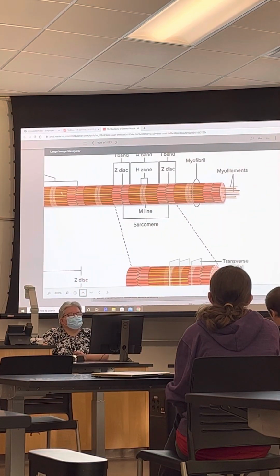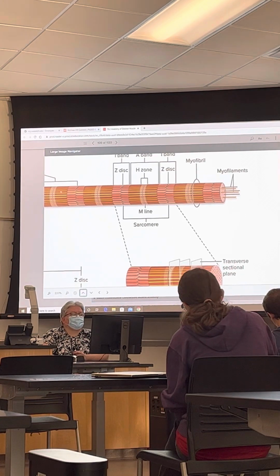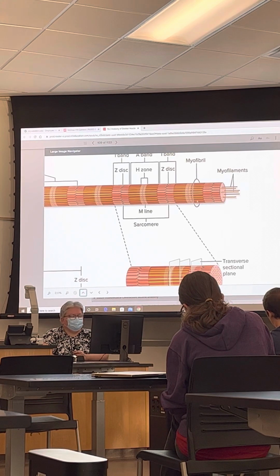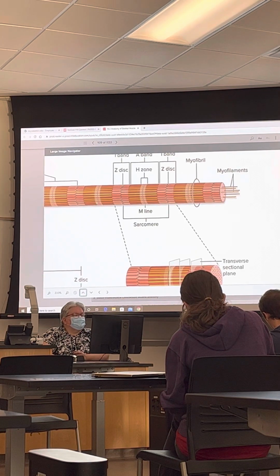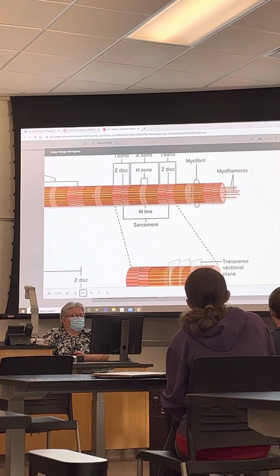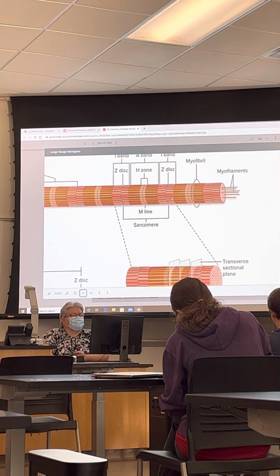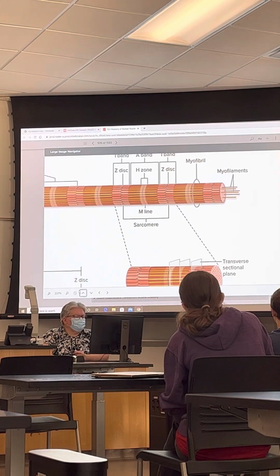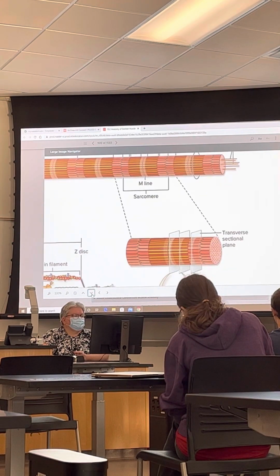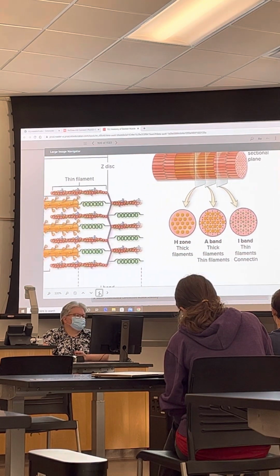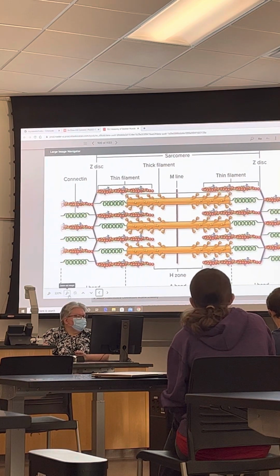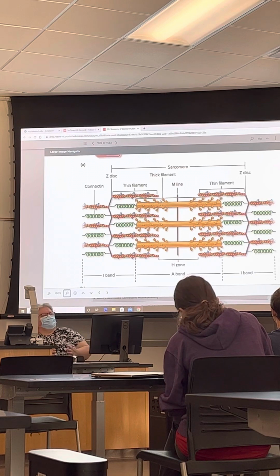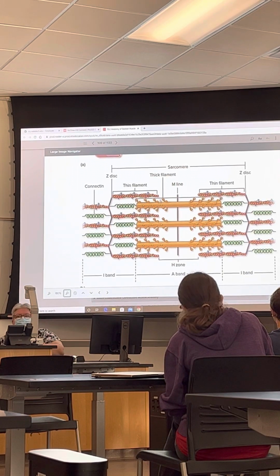So again, this is the myofibril that has all the myofilaments. So if you notice, we've got dark, light, dark, light, dark, light. What did we call those in histology? Striations, yes. Okay? So here we have our sarcomere.